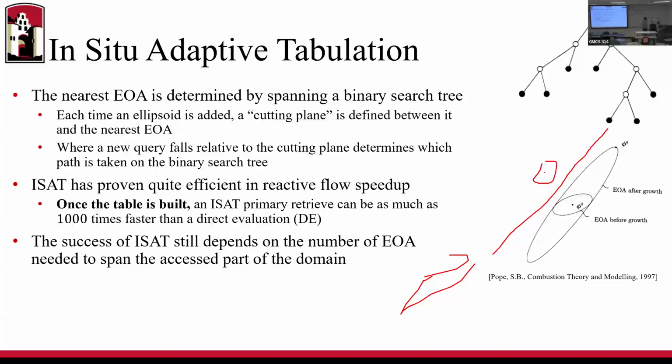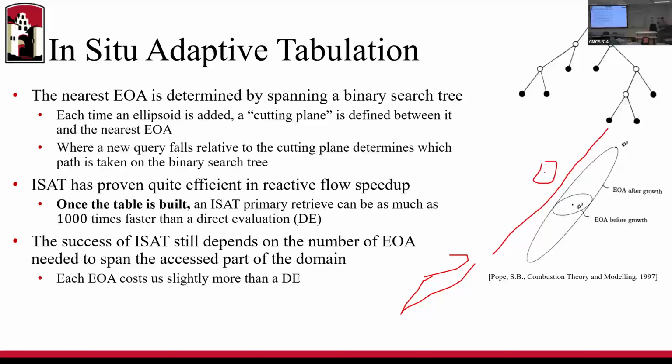And whether ISAT is successful or not is going to depend on the number of ellipsoids of accuracy needed to span the accessed part of the domain, because at the end of the day, our computer has limited memory, so there is going to be a hard cap on how many ellipsoids we can have. As well, if you need 10 more ellipsoids to build the table, that means that you need 10 more direct evaluations. So the cost of building the table itself is going to be much higher.